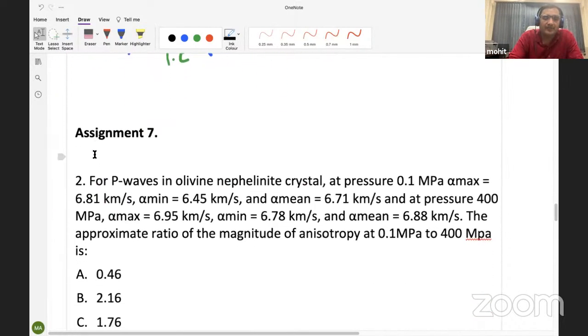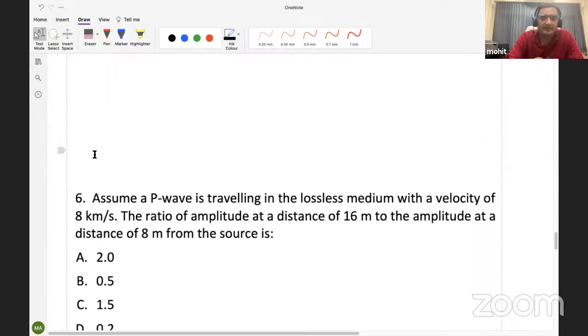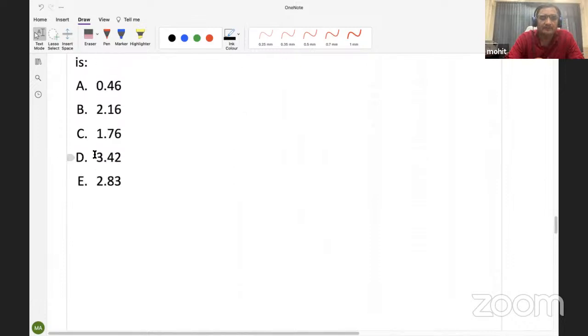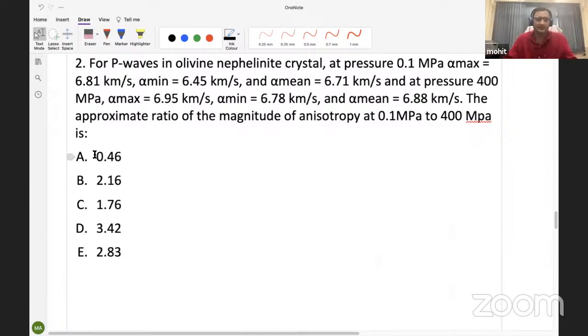Now we are moving on to assignment number 7, and we will be discussing around three questions in this assignment. Assignment number 7, question number 2. For P waves in olivine nephelinite crystal at pressure 0.1 megapascal, alpha max, the maximum P wave velocity, is given as 6.81 kilometer per second, and the minimum P wave velocity is also given, 6.45 kilometer per second.